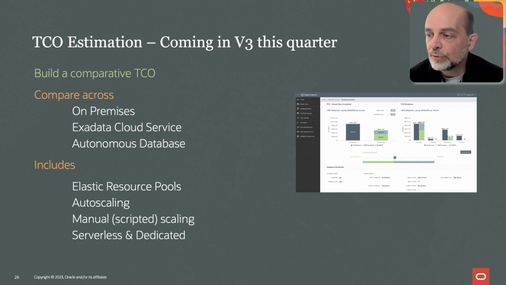Now, I've talked a lot here about cost effectiveness of consolidation. And to support that, very shortly, we'll be releasing a new version of Estate Explorer, which goes way beyond just the support for the migration. And it supports building that business case by giving you actual numbers of cost savings that you will see through moving to autonomous.